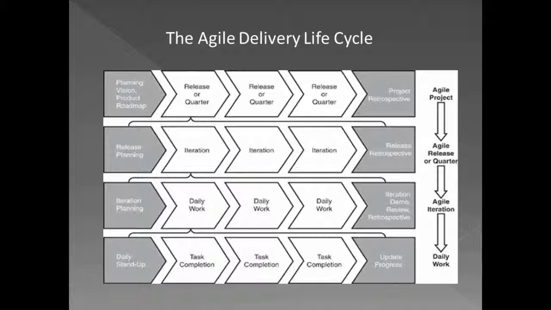In PMBOK you have a process called develop project charter, and developing the preliminary project scope statement. So these processes related to vision, product, and roadmap loosely map to the PMBOK process of developing a project charter.